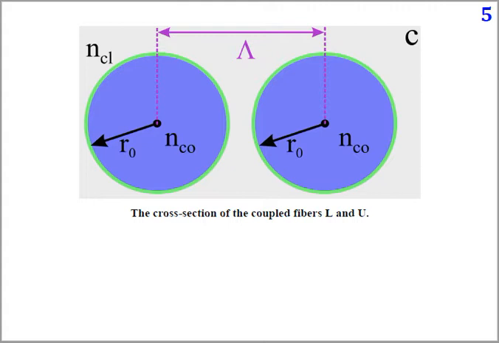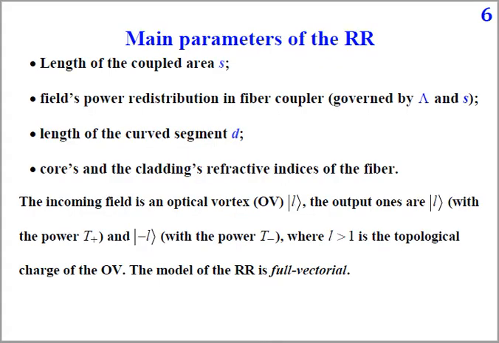The main parameters of the ring resonator are the length of the coupling zone, the input power redistribution between coupled cores at the output end of the coupler, the length d of the curved segment, and the refractive indexes of cores and cladding.